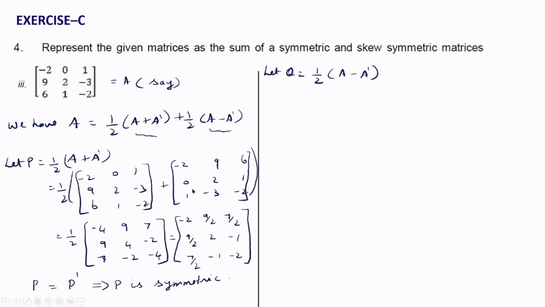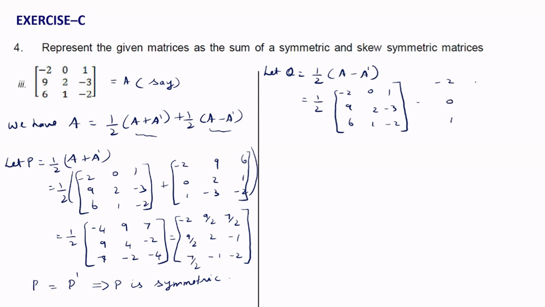So here we have A and here we have A transpose. So let us subtract these two. So this is equal to half of minus 2, 0, 1, 9, 2, minus 3, 6, 1, minus 2, minus A transpose.